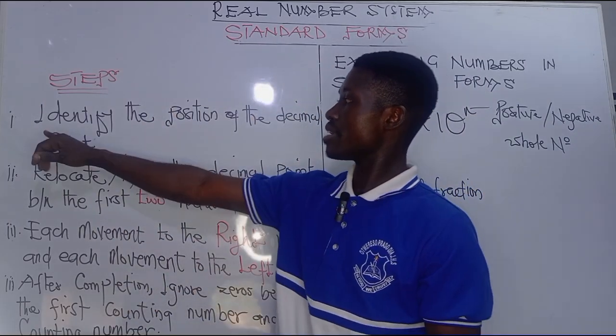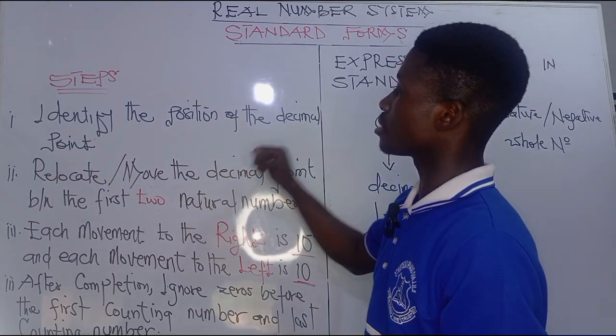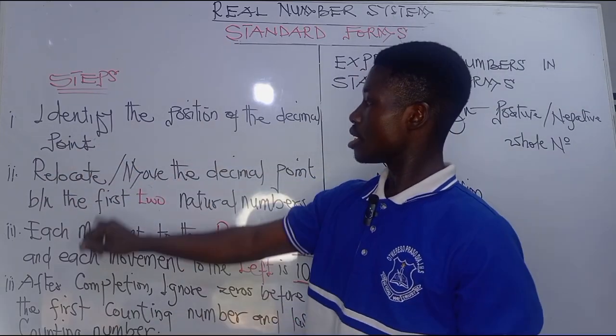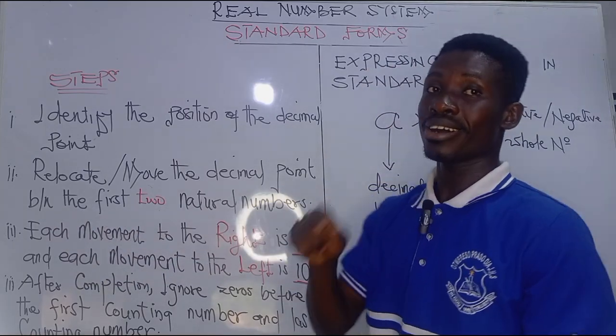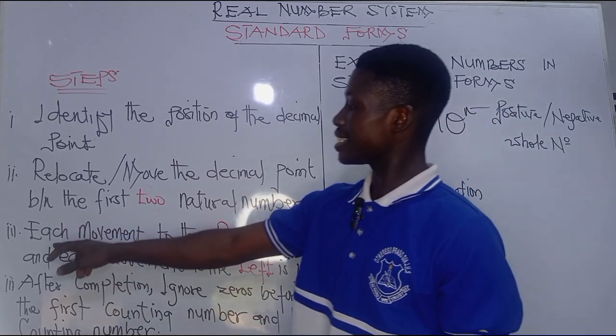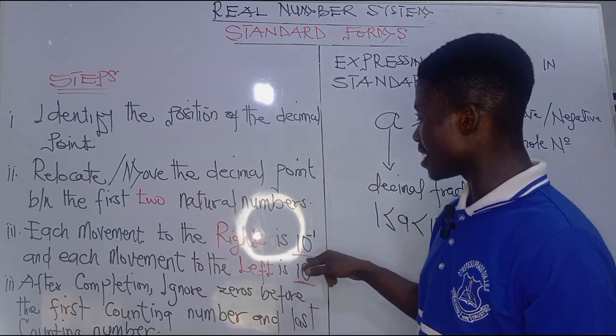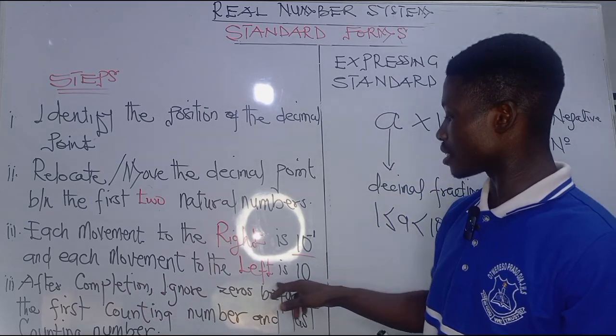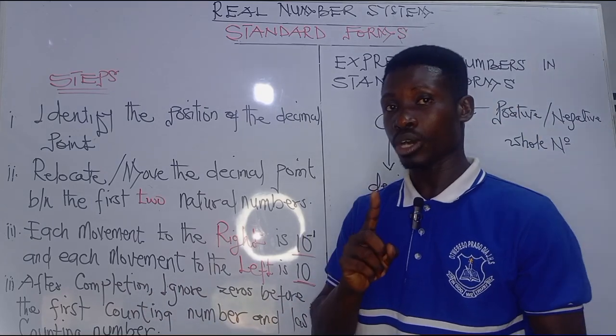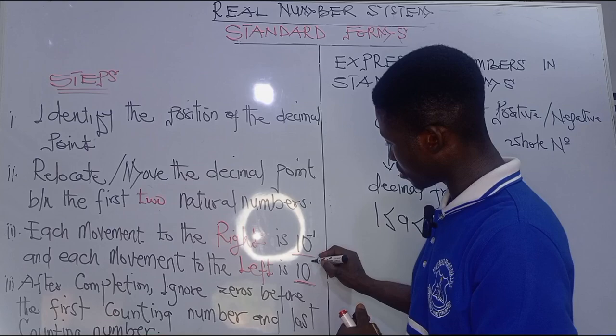The first step says identify the position of the decimal point. Move the decimal point between the first two natural numbers. And then the third, each movement to the right is 10 raised to the power negative 1, and each movement to the left is what? 10 power 1. Take note of this.